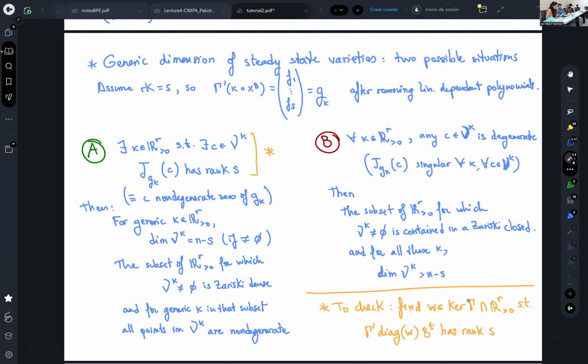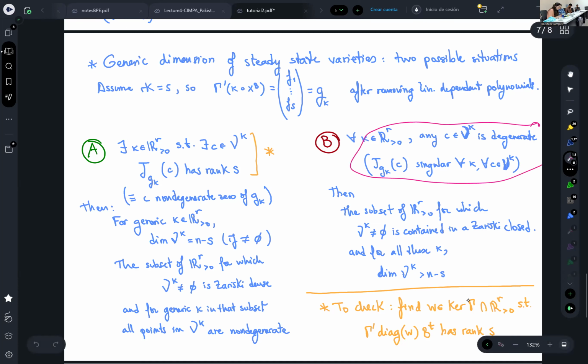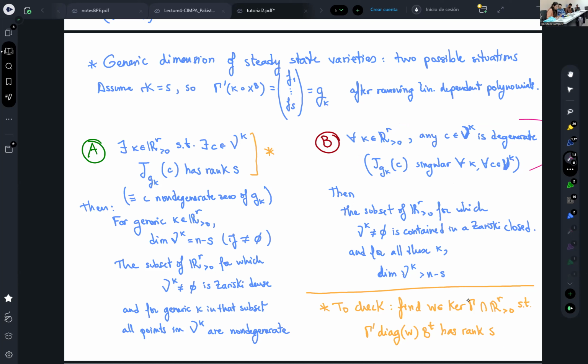The other case would be for any K, any point is degenerate. If I can find one point, and there is a way here to check that, we'll go to that later, then this guarantees that for generic values of K, the dimension of the complex variety, but also the dimension of the positive part, is given by the number of linearly dependent equations that I have.